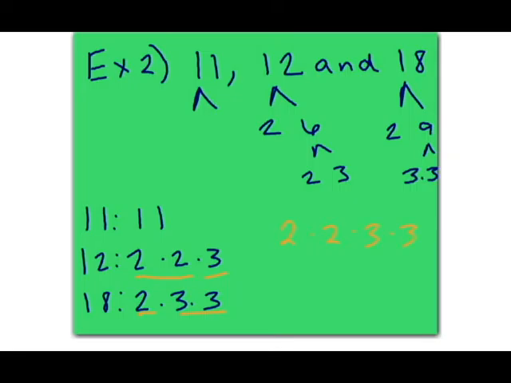And of course, the last step is step 3, which is any numbers that don't match at all. What number do you see that doesn't match? The 11. Let's circle that number. That one doesn't match any of these other numbers, so we bring it over as part of our answer.